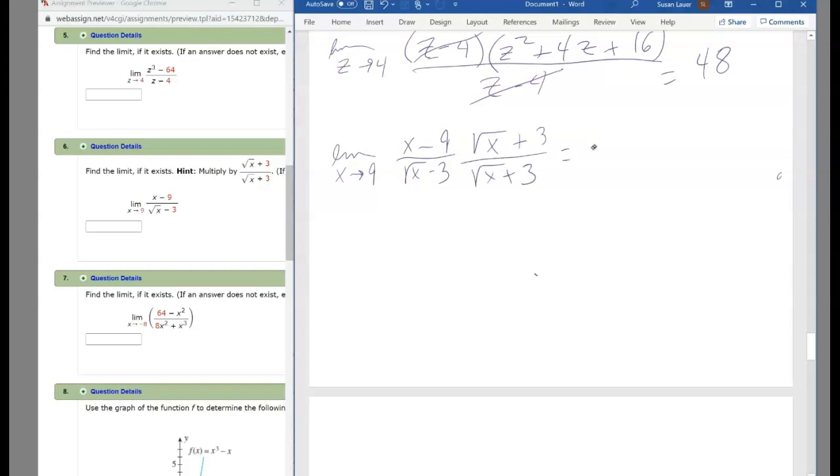So I got the limit as x goes to 9 of x minus 9 in parentheses times the square root of x plus 3. And if I multiply these out, this will be x minus 9. So these go away. I can put in the 9. Square root of 9 is 3 plus 3 gives me 6.